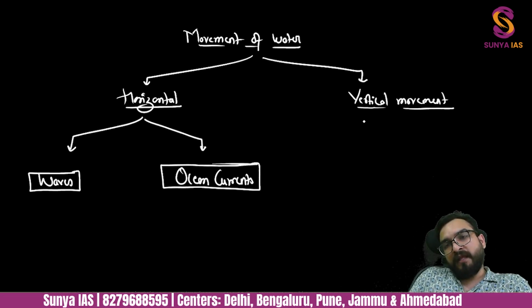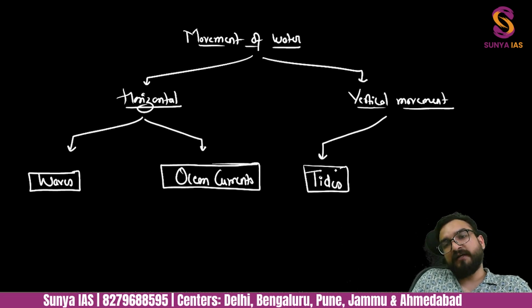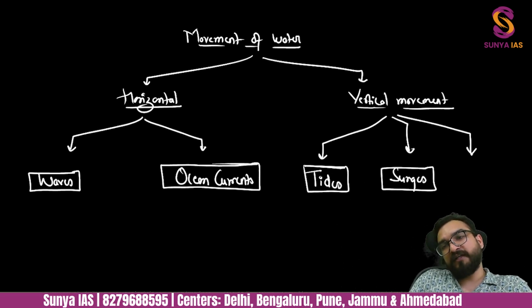Under vertical movement you will be seeing tides. This is also not the agenda, but tides also you study under oceanography. Another thing you see is surges. Another thing you see in vertical movement is upwelling.